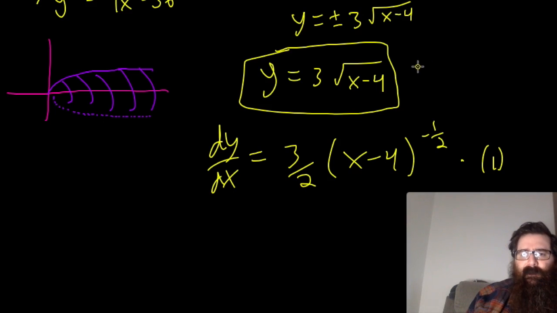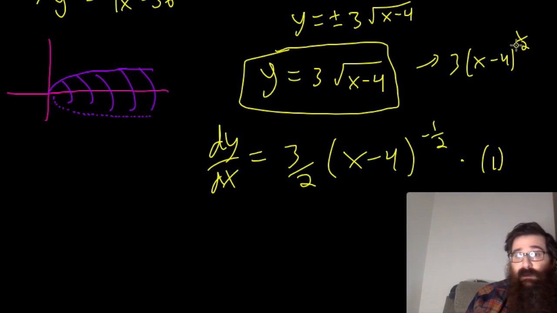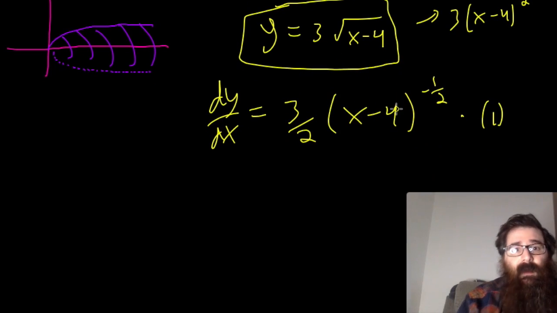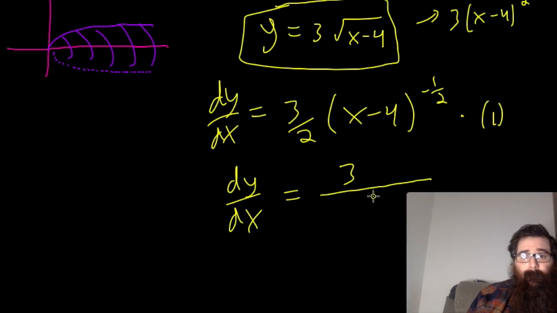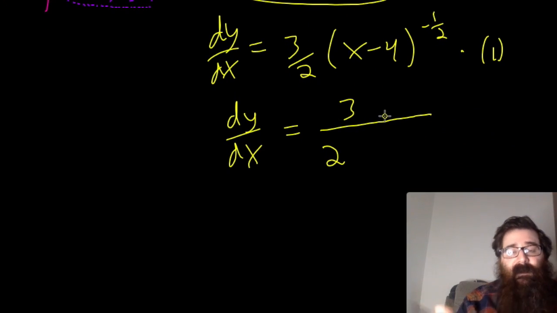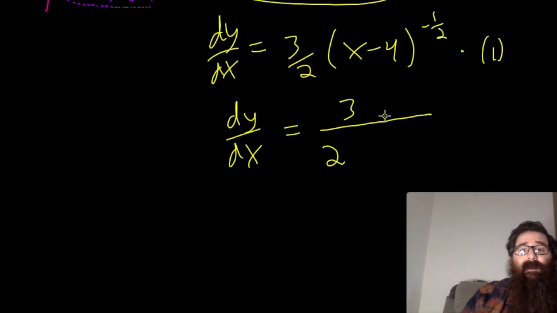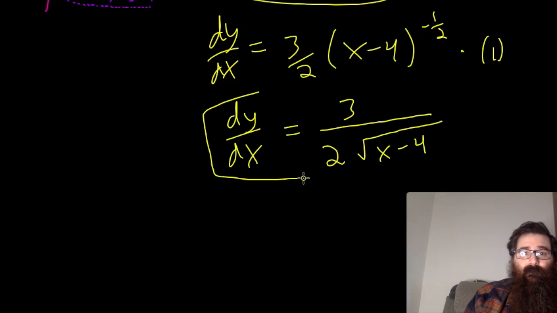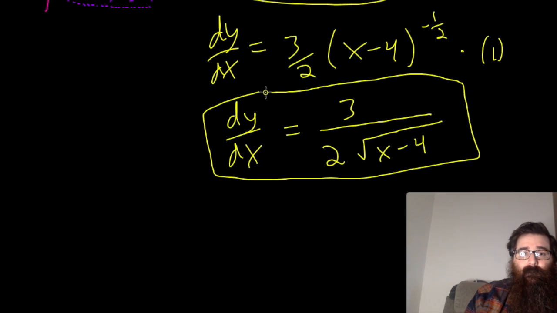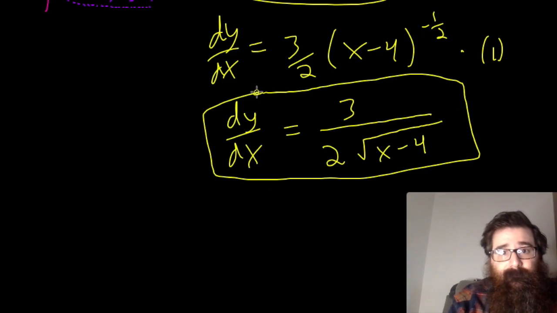And here I'm just thinking about this as 3 times x minus 4 to the 1/2 power, and using chain rule to take the derivative. And I would want to rewrite this. You better believe it. dy dx, I would say this is 3 over 2 times, I'm going to bring this x minus 4 to the negative 1/2 into the denominator, give it that positive exponent, and then turn it back into the square root notation. So this is my dy dx.